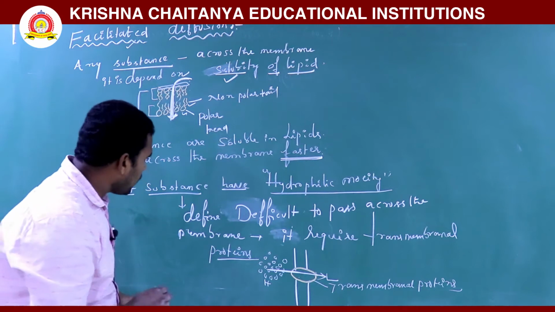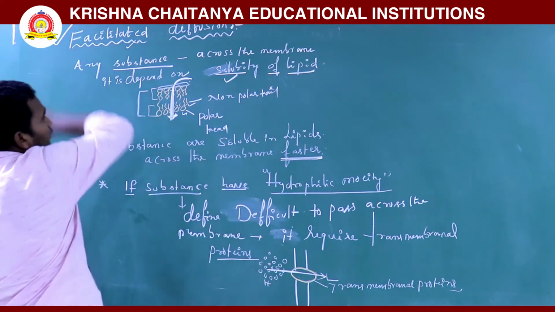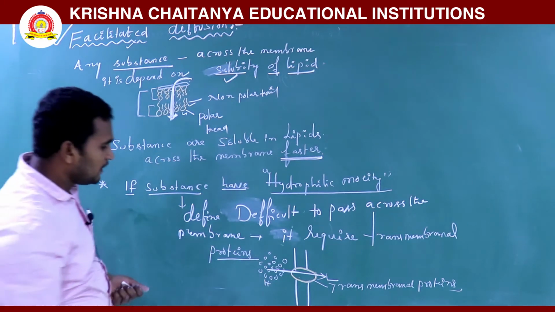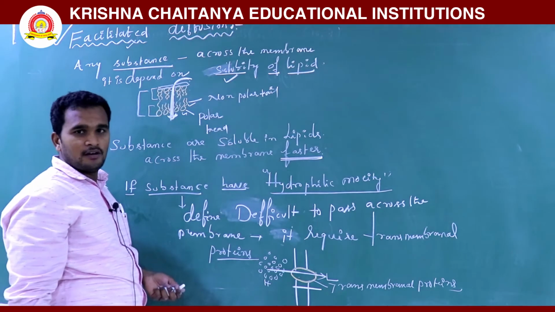So that's why it is called facilitated diffusion. Someone gives the facility to the transportation, so it is called facilitated transportation.